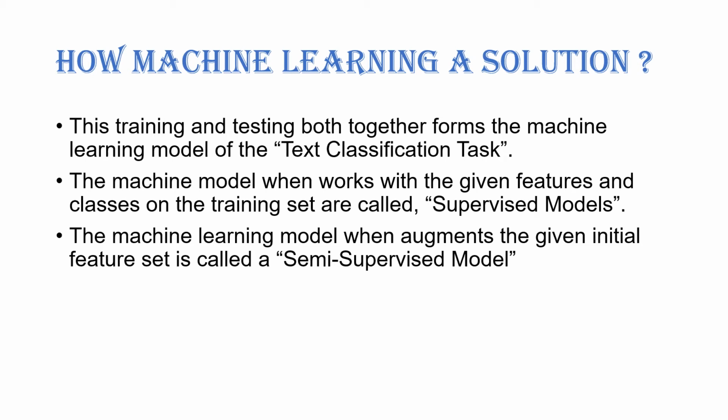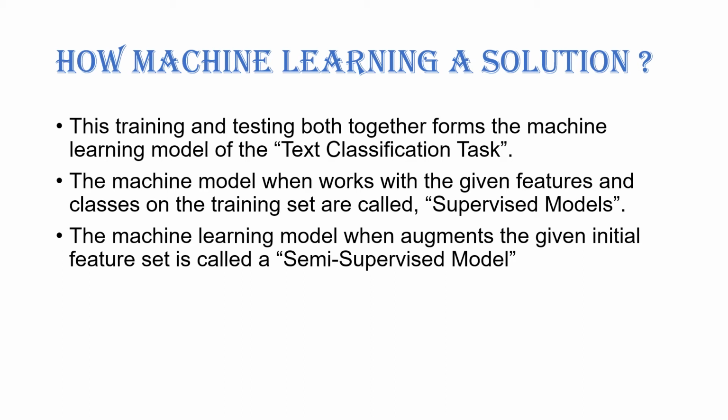Feature identification is done in training, and once you've identified the features and kept them aside, you test your model. For example, if you're given 100 documents, you can divide them into two sets, namely a training set and a test set. Say I've used 600 documents for training and 400 documents for testing.